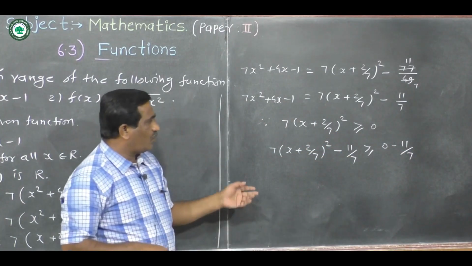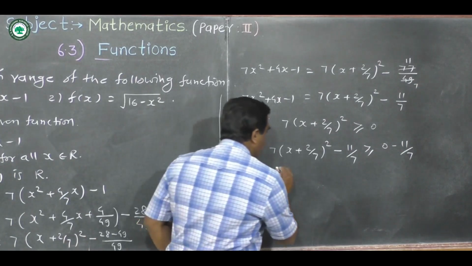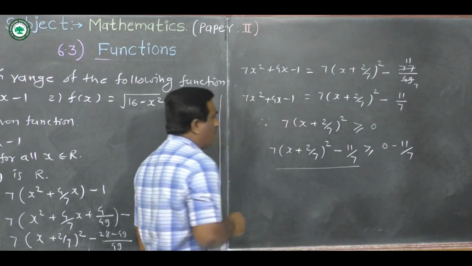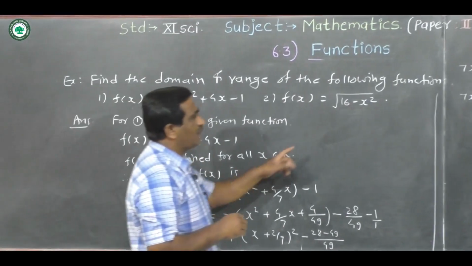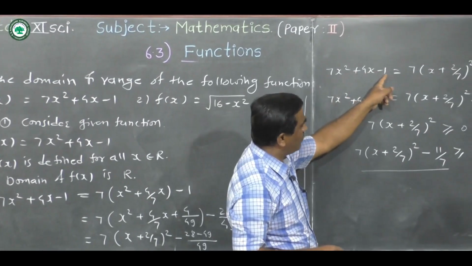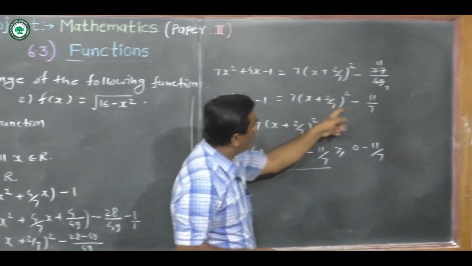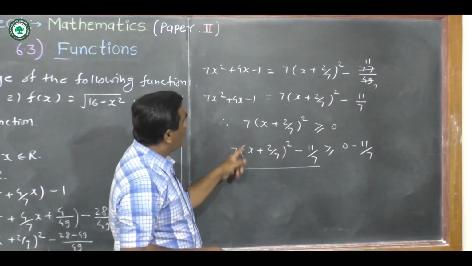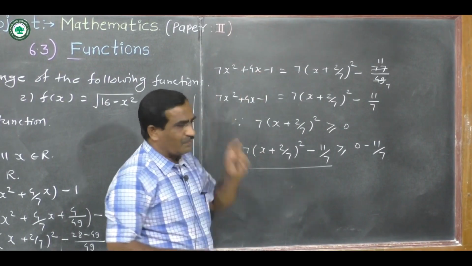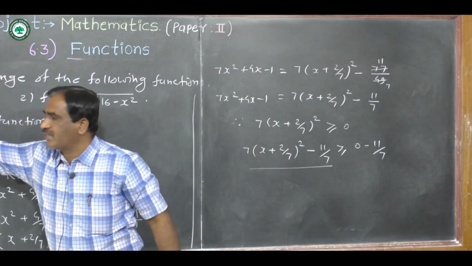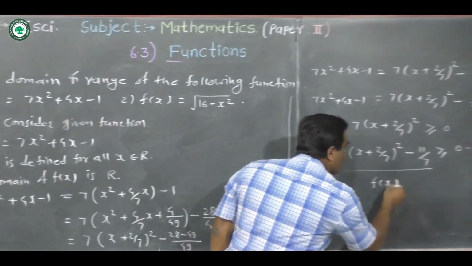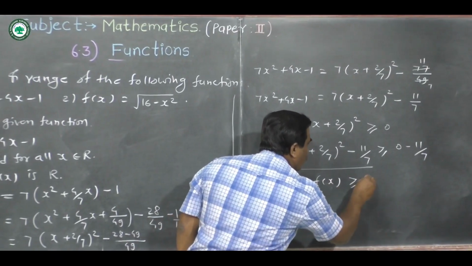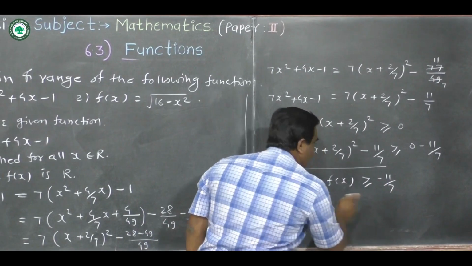Now this is the function f of x. This is the value of the function here, 7x square plus 4x minus 1 is equal to this term. 7x square plus 4x minus 1 means function f of x. Putting this value here, f of x is greater than or equal to minus 11 by 7.